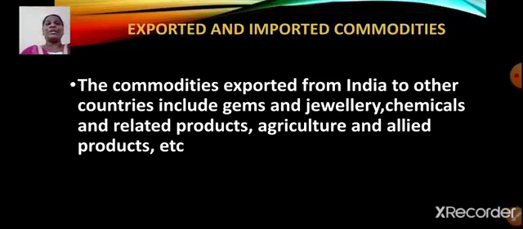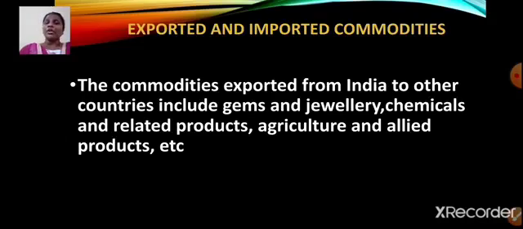Exported and imported commodities. The commodities exported from India to other countries include gems and jewelry, chemicals and related products, agriculture and allied products, etc. So what all goods or products are exported from India to other countries?